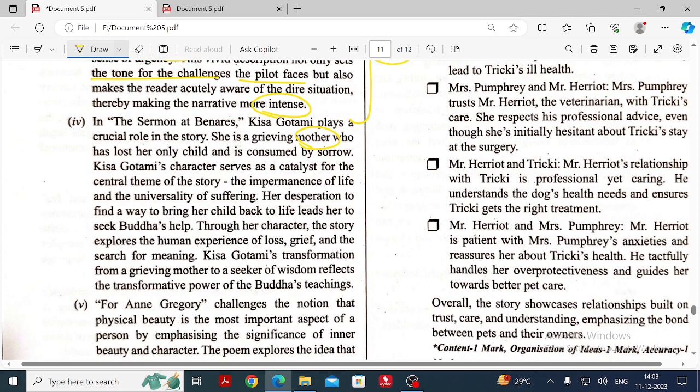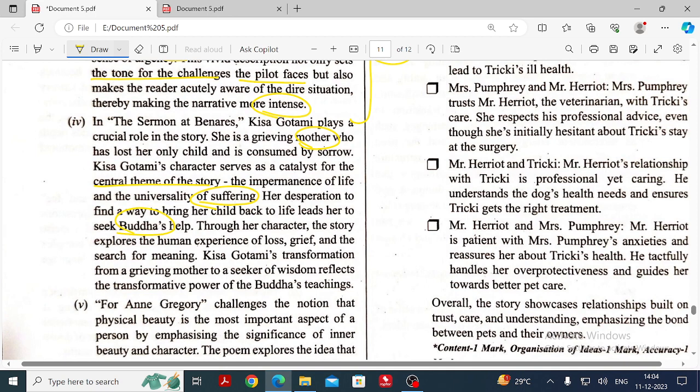See the answer: she lost her only son and was consumed by sorrow. But this character serves a central theme of the story, particularly the suffering. The way she finds to bring her child back to life leads her to seek help from the Buddha.